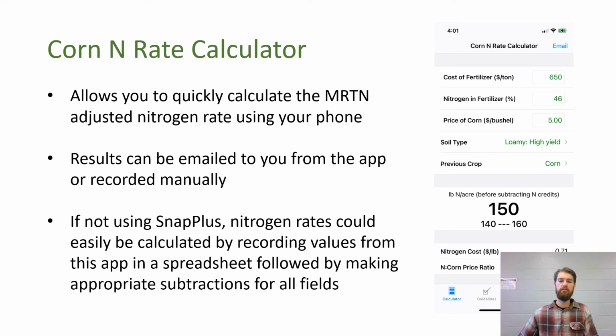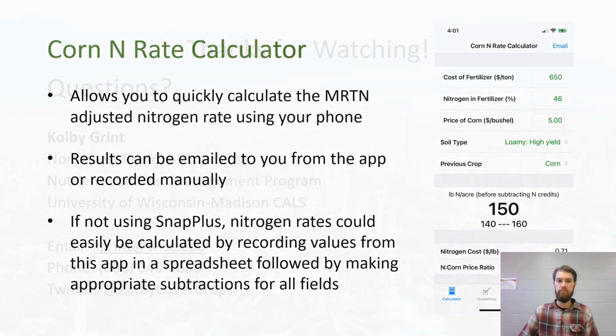And then you can just email yourself the results or record them in an Excel spreadsheet, from which you could really easily calculate the rates for your different fields, make the manure credit or legume credit deductions that you need, and get yourself some really great economic nitrogen rates.